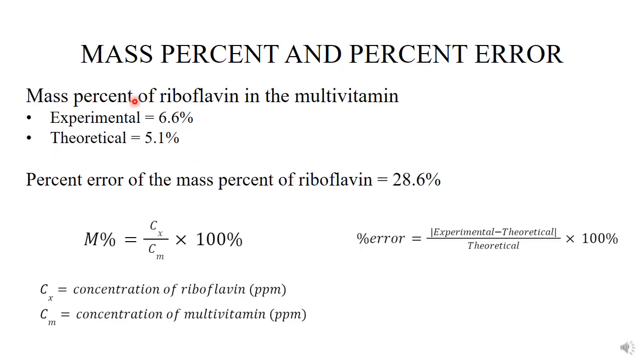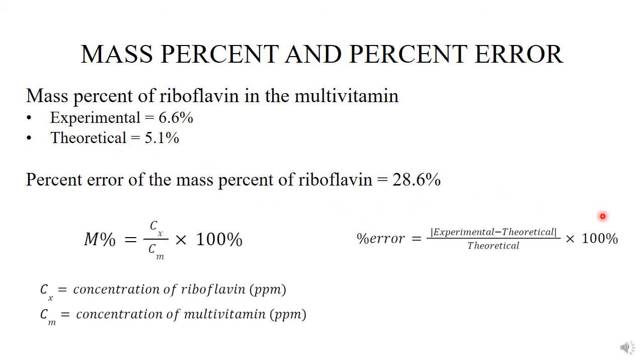So, the theoretical riboflavin concentration was 10 parts per million. The mass percent of riboflavin in the multivitamin was calculated using this equation, where the mass percent is equal to the concentration of riboflavin divided by the concentration of the multivitamin in the solution, times 100%. The mass percent of riboflavin in the multivitamin was calculated to be 6.6% for the experimental value and 5.1% for the theoretical value.